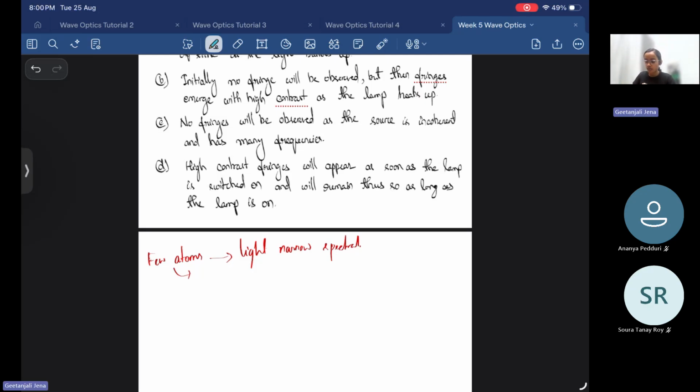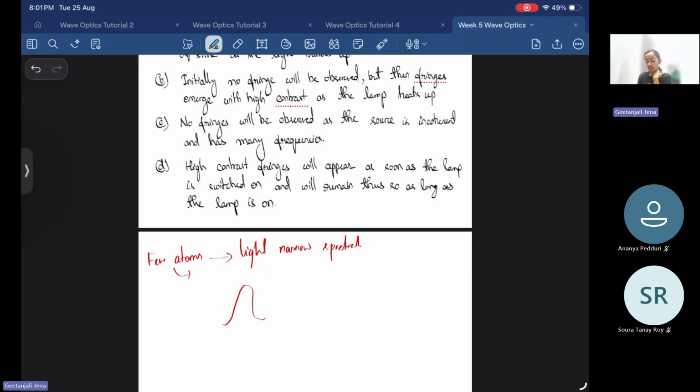But once the process continues, more and more atoms will start to evaporate. So now we will have more atoms in a closed space, so the collision will increase. Because of the collision, whatever light is emitted will have broadening.